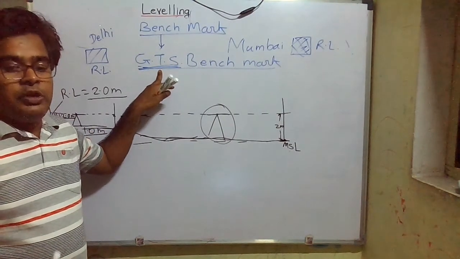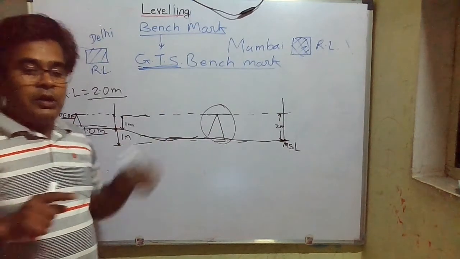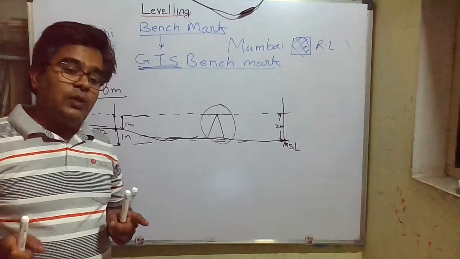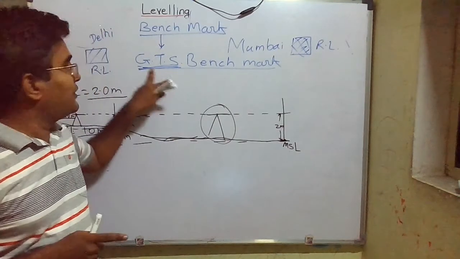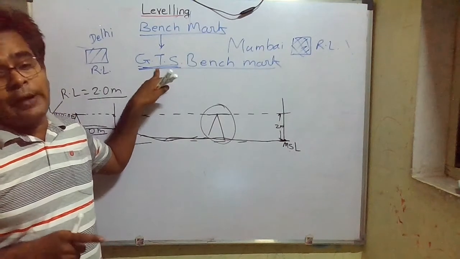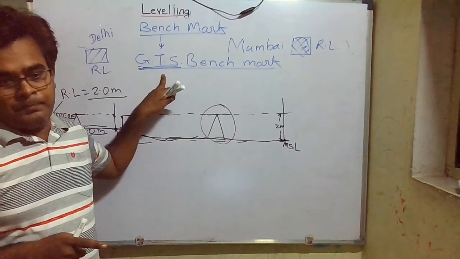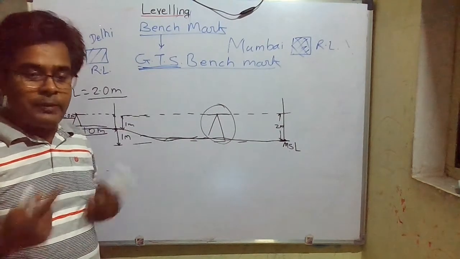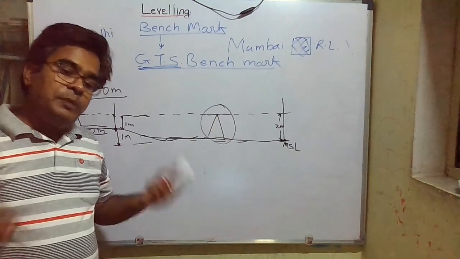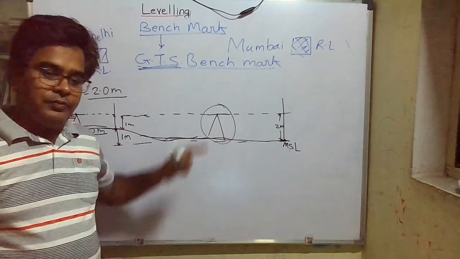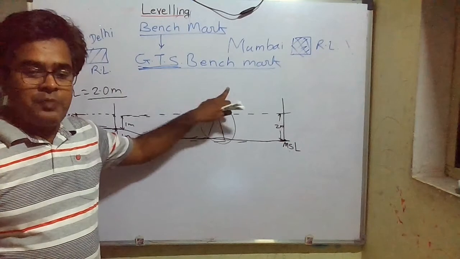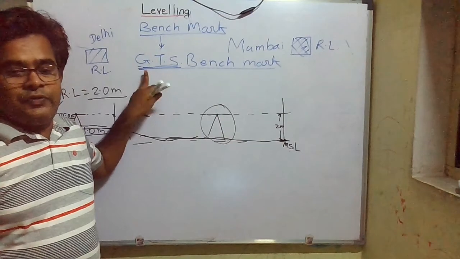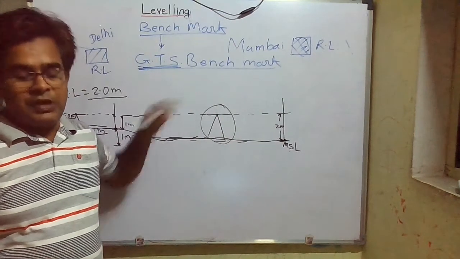It is marked in the catalog prepared by the Survey of India Department, which gives the various locations where they have marked the GTS benchmark and the RL of that point. It is available in their catalog, so we can use it as a reference to find the RL of different points. This benchmark fixed by the Survey of India Department is known as the GTS benchmark.